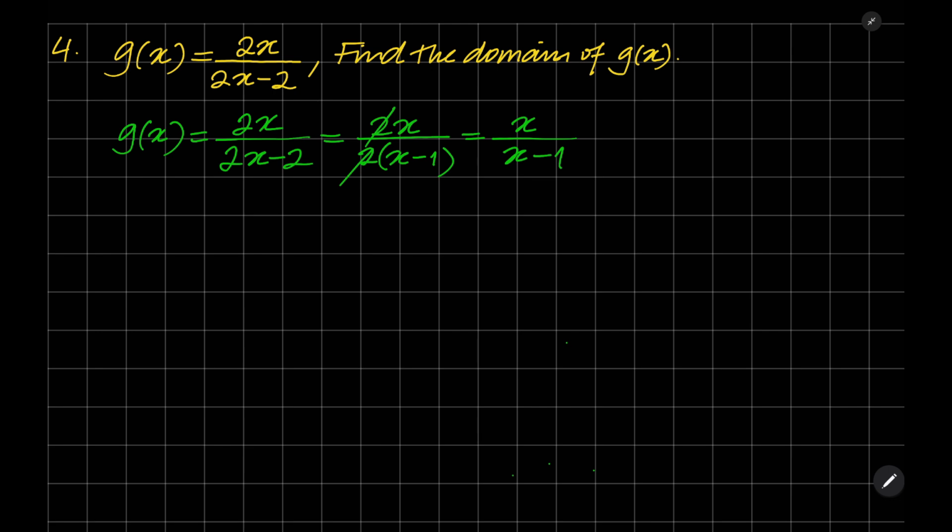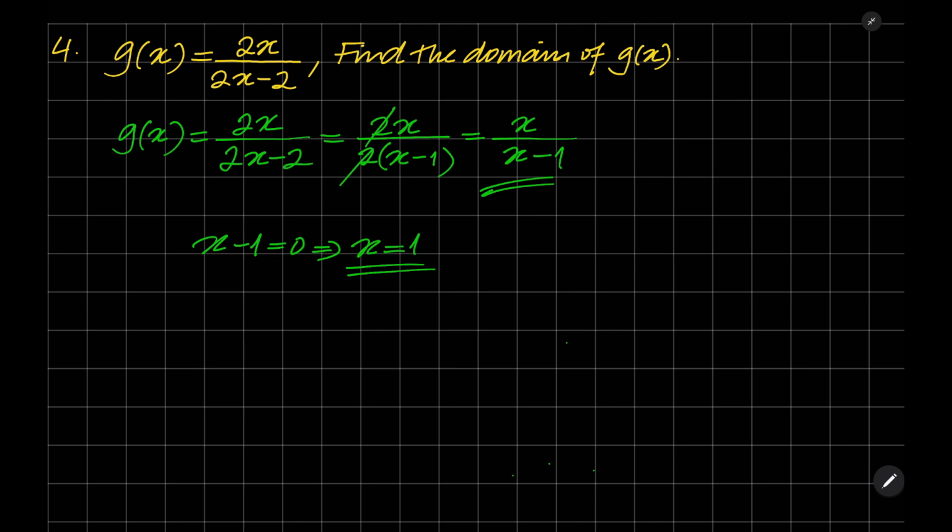As you can see, we have a fraction. We know that we can never divide by 0 in that fraction. So let's set the denominator to 0. x minus 1 equal to 0, which implies that x is equal to 1. So our function is not defined for x equal to 1.